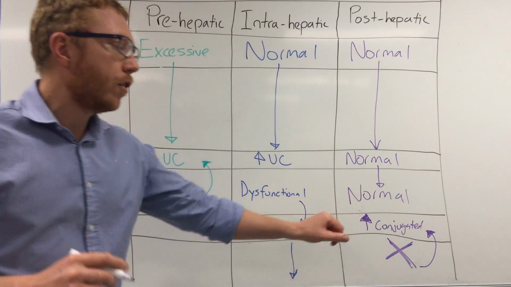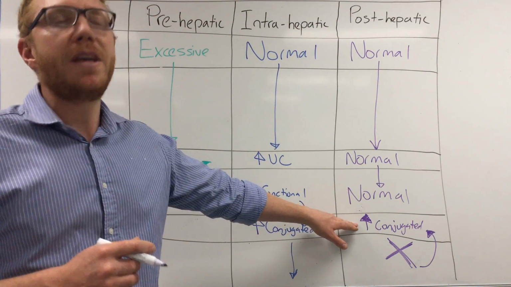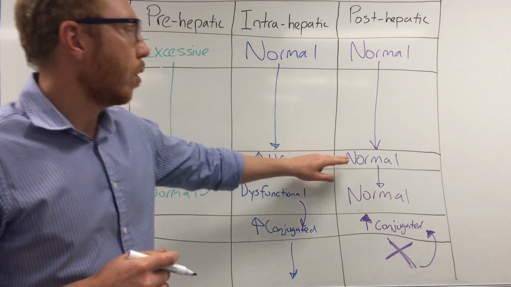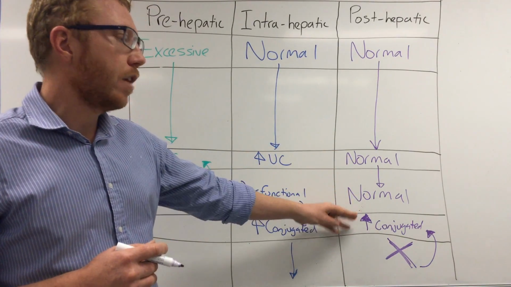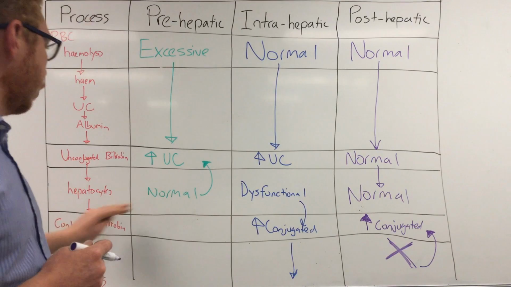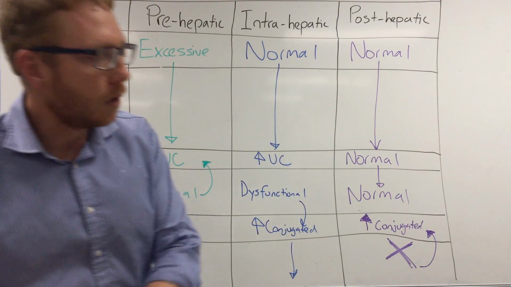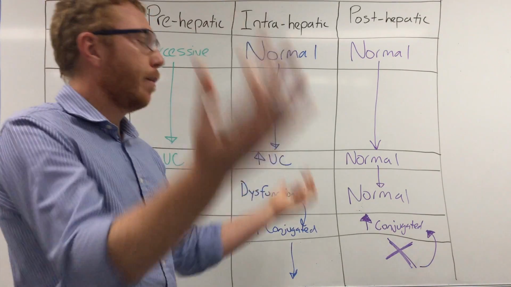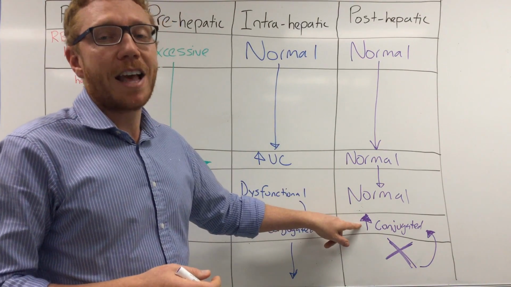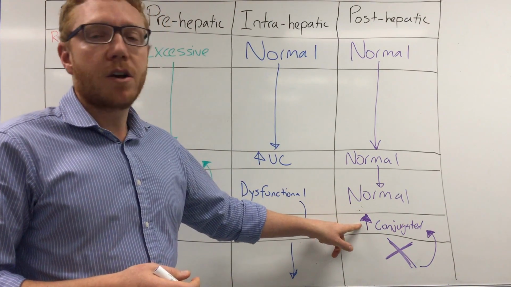The conjugation has occurred in the liver because the cells are normal, but the excretion out is built up. So it will come back into the liver and then build up into the blood. So the conjugated aspect would be increased.